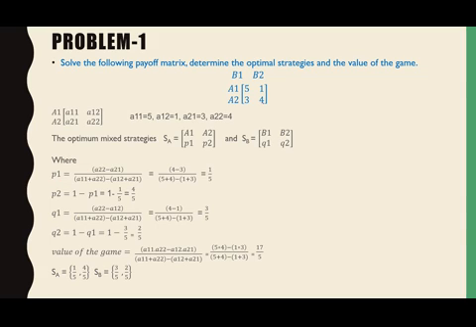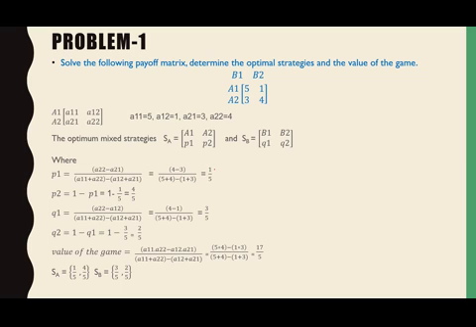P1 is equal to A22 minus A21, which is 4 minus 3, divided by principal diagonal sum A11 plus A22, that is 5 plus 4, minus secondary diagonal sum A12 plus A21, 3 plus 1. Okay. So that is what I have written here: 4 minus 3 divided by 5 plus 4 minus 1 plus 3.